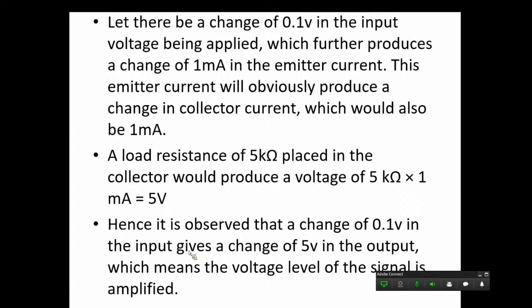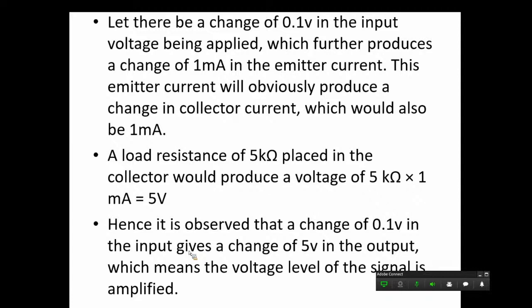This emitter current will produce the change in collector current. As we already know, the collector current is approximately equal to the emitter current in the common base configuration. Hence the collector current is also equivalent to 1 milliamp.